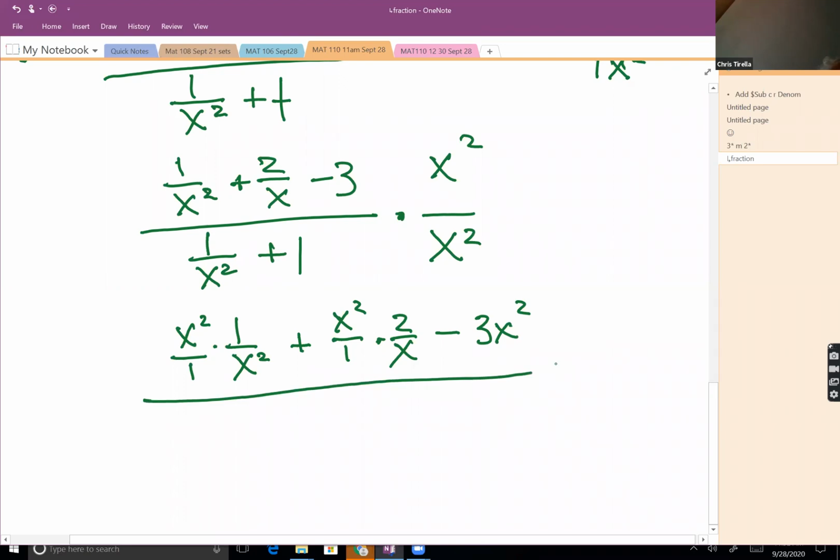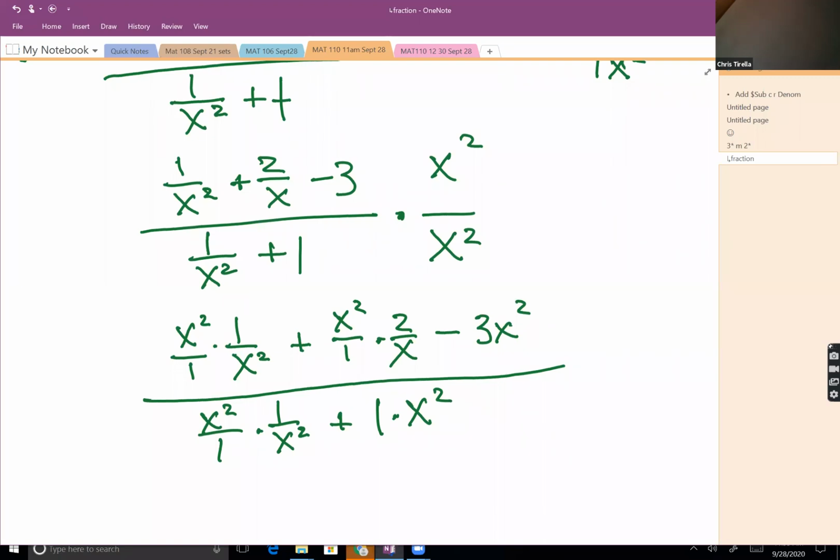And in the denominator, when I distribute, I'll have x squared over 1 times 1 over x squared plus 1 times x. That step is kind of tedious. All we're really doing is multiplying the common denominator by each term in the numerator and denominator. So technically, we're just rewriting the problem with that common denominator next to each term.